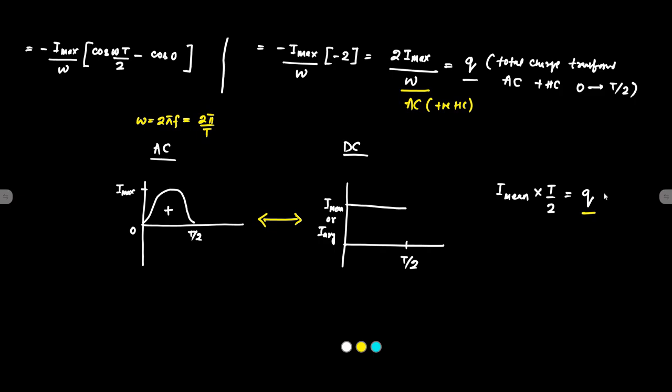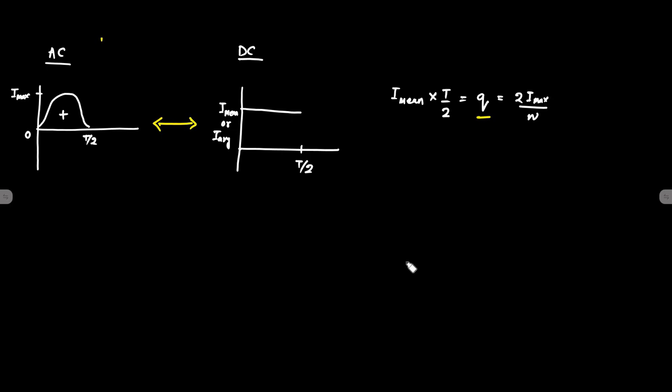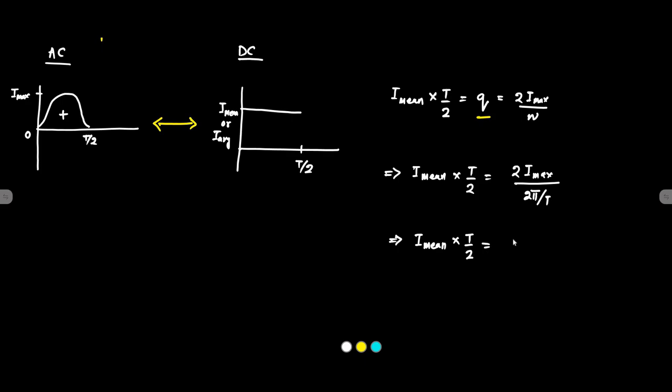That implies I mean into T by 2 is equal to 2 Imax by omega, and omega is 2 pi by T. So this T will go to the numerator, and I mean into T by 2 equals 2 Imax T by 2 pi.